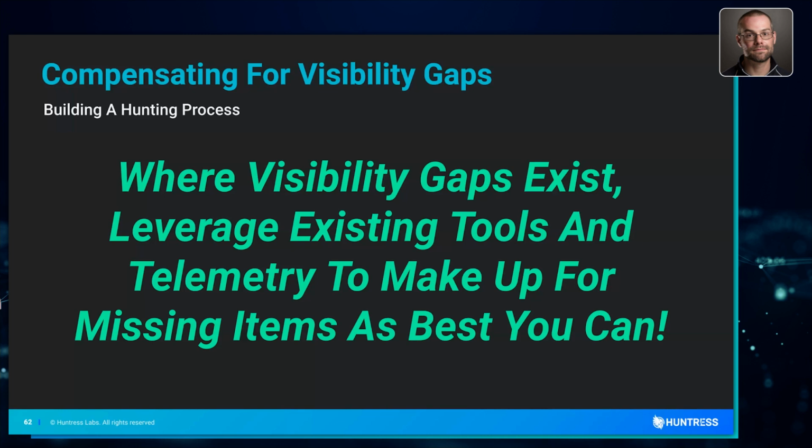That means understanding what gaps exist and then trying to determine ways of making up for them in some sort of fashion. Maybe I don't have visibility into encrypted network traffic streams, which is very understandable, but can I compensate for that by having more complete host visibility that allows me to see what websites or what network connections were created by a given host and use that to compensate for the lack of visibility on the wire?